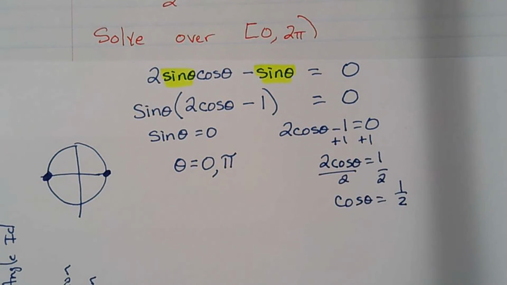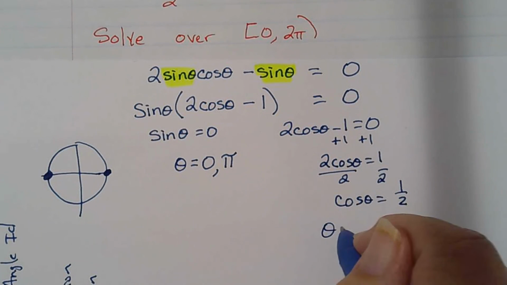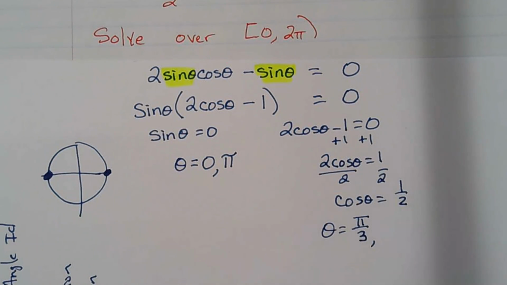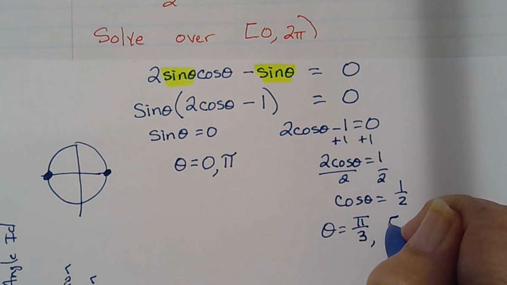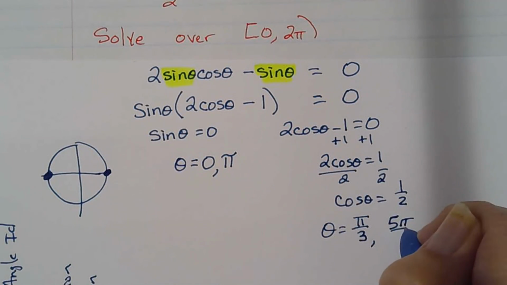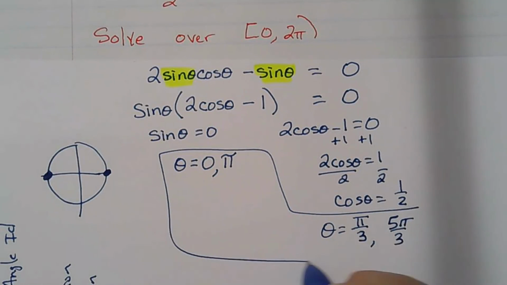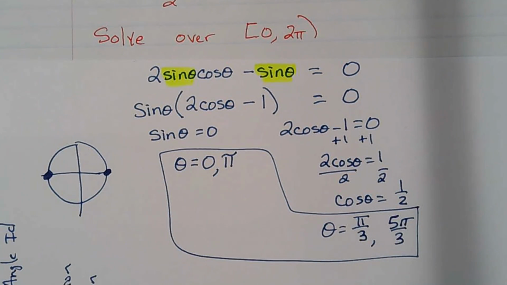So what would theta have to be for the cosine to be positive 1/2? Pi over 3 in the first quadrant. And what other one? 5 pi over 3 down in the fourth quadrant. That's where cosine is positive. So those are my 4 solutions.